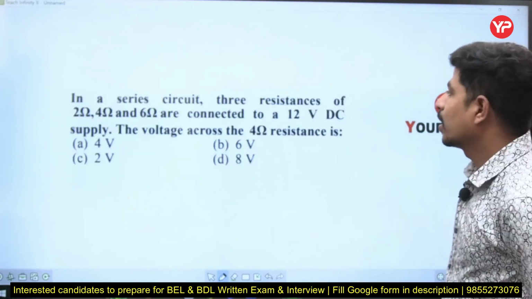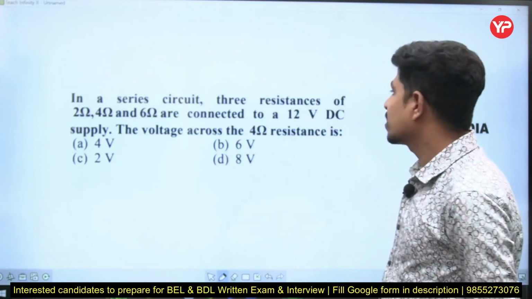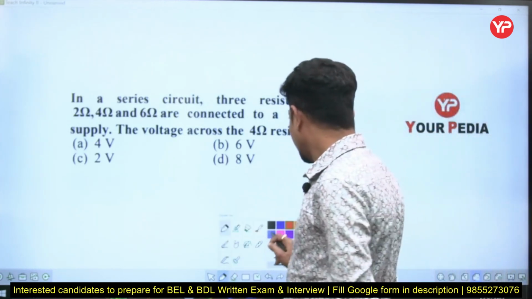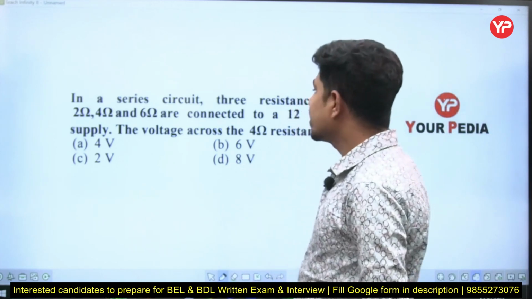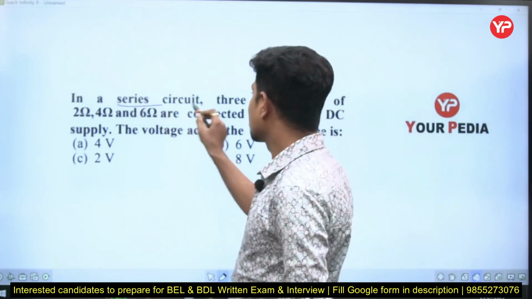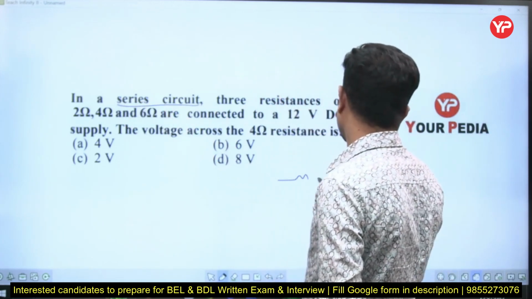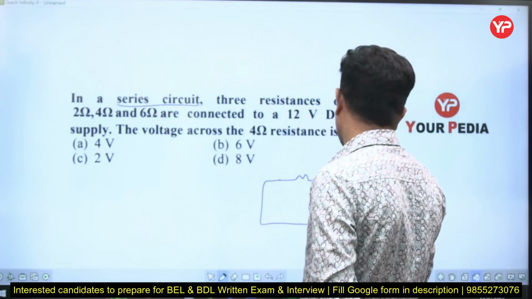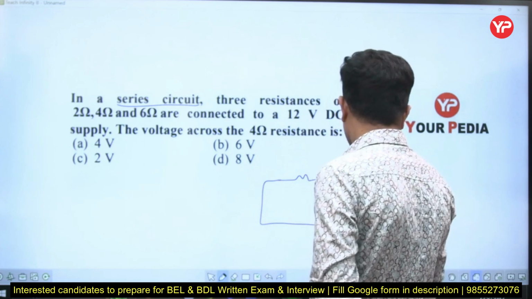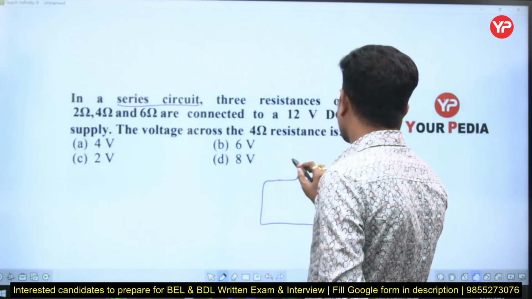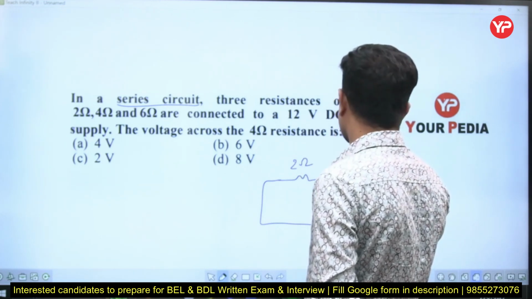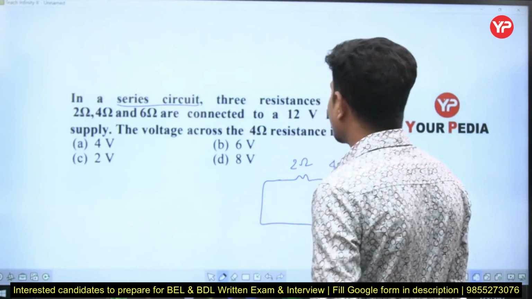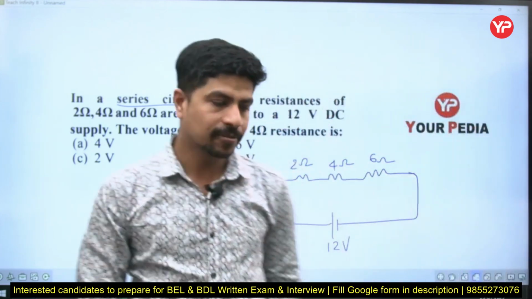Next, in a series circuit, three resistances of 2 ohm, 4 ohm and 6 ohm are connected to a 12 volt DC supply in series. This is 2 ohm, this is 4 ohm, this is 6 ohm. The question: the voltage across the 4 ohm resistance is?